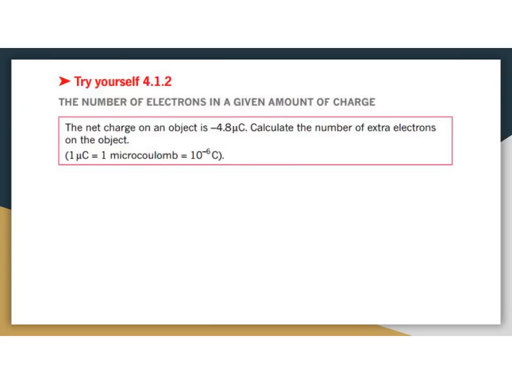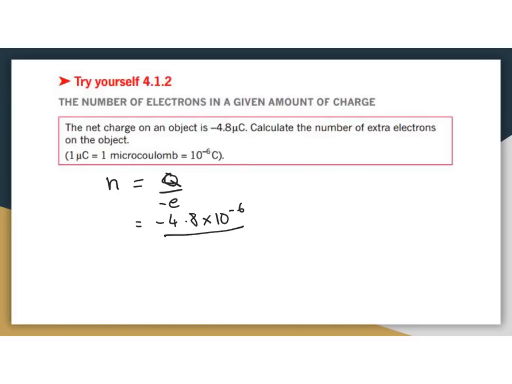So, welcome back. So what we're doing here is we want to work out the actual number of electrons, and rearranging what we see is we work out the total charge, okay, and we can call this Q instead. Q divided by the elementary charge will tell us the number of electrons. So the charge in this case is negative 4.8, and that little symbol, if you had to look it up, is microcoulombs.